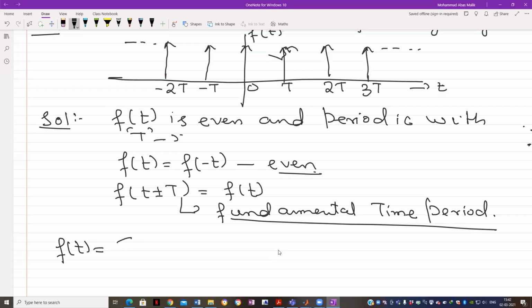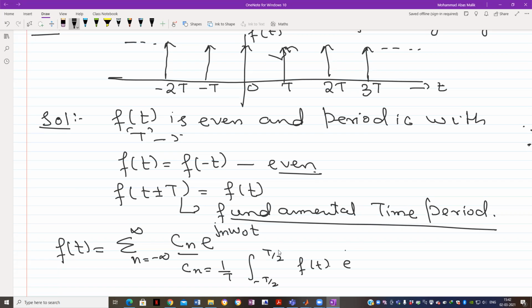f of t is equal to the summation of n from minus infinity to infinity of c of n e raised to the power j n omega naught t. And c of n is already mentioned, equal to 1 by T, integral from minus T by 2 to T by 2 of f of t into e raised to the power minus j n omega naught t dt.